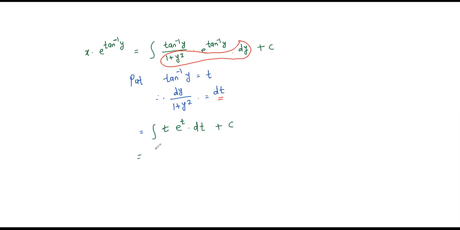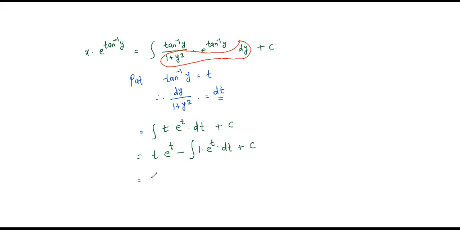So we use integration by parts: first term into integration of second, minus integration of derivative of first, that is 1, into integration of second, e to the power t dt, plus c.